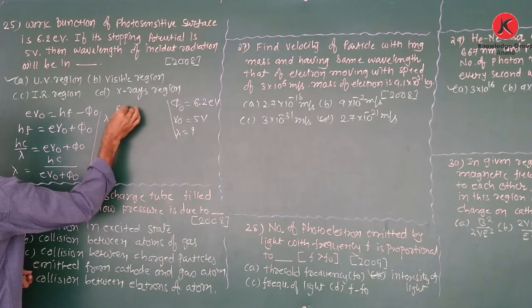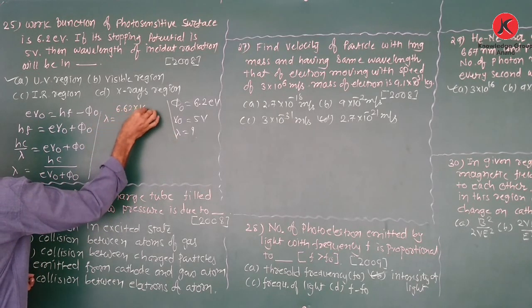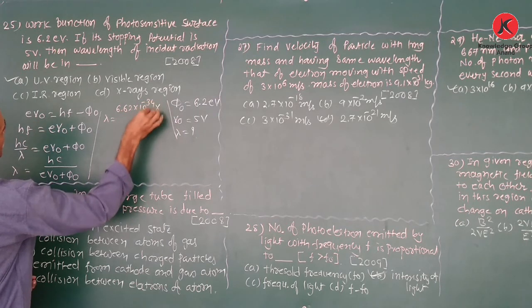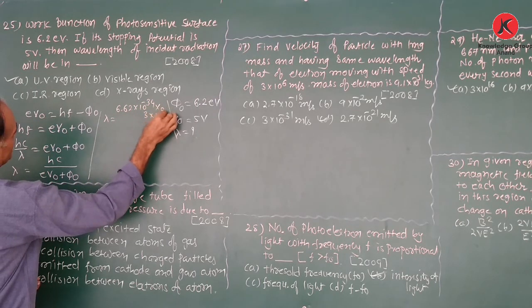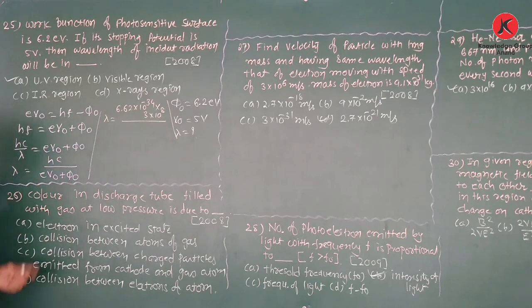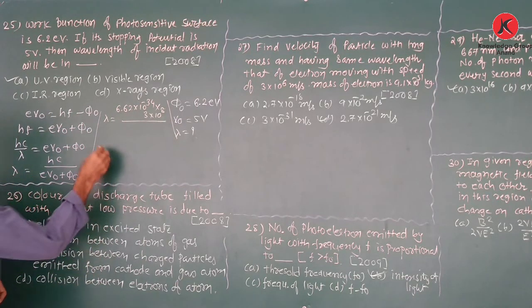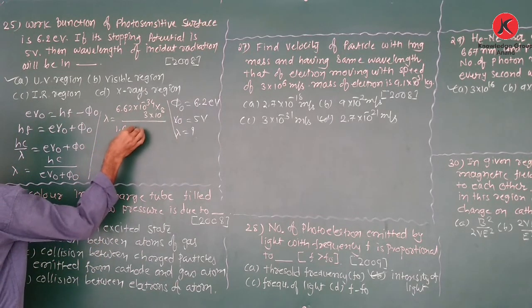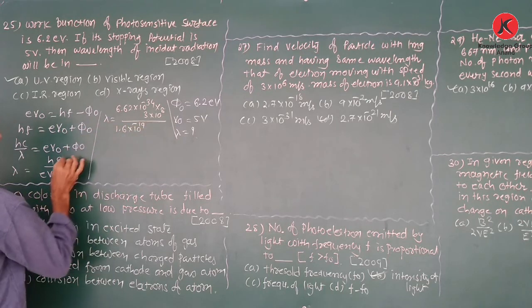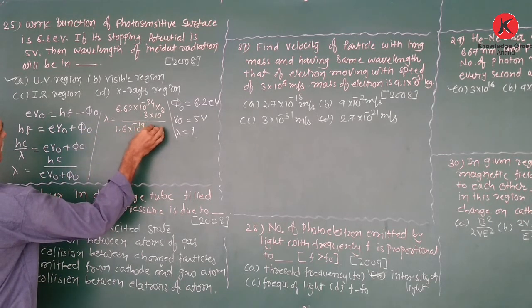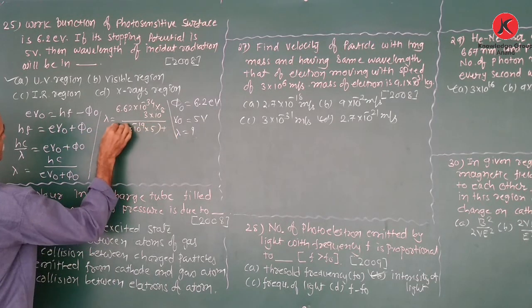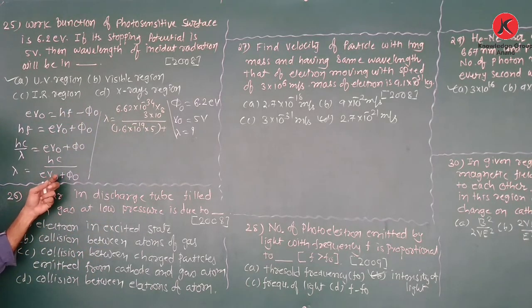h is 6.62 into 10 to the power minus 34, c is 3 into 10 to the power 8, divided by e into V0, e is 1.6 into 10 to the power minus 19, and stopping potential is given, plus phi 0 is given in electron volt, that is 6.2 electron volt.